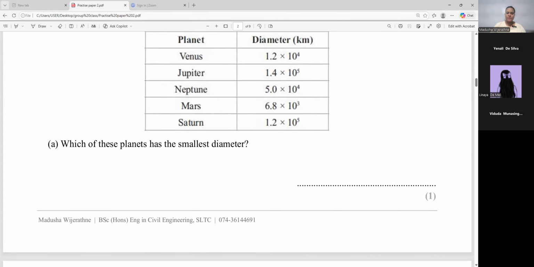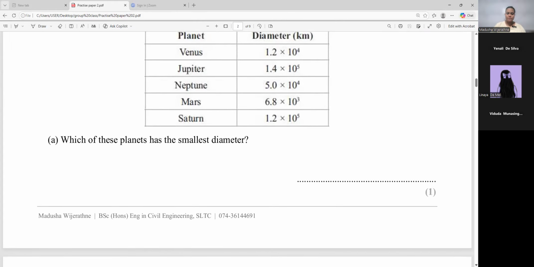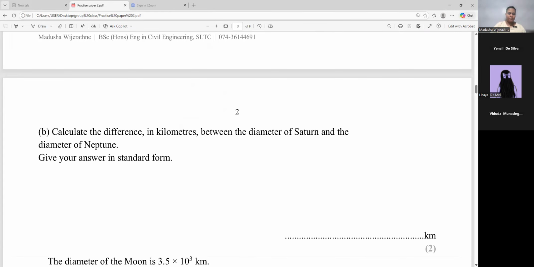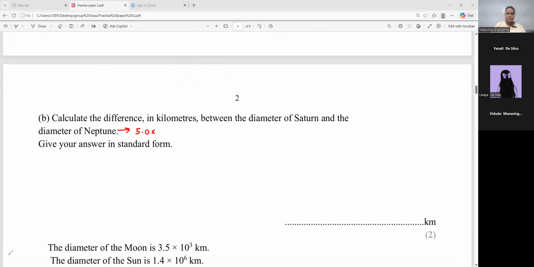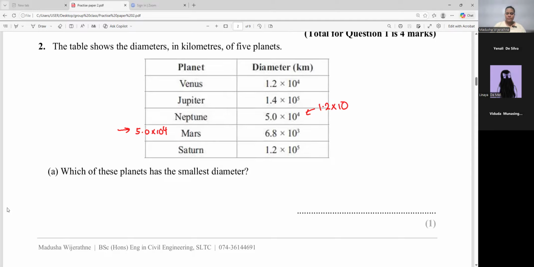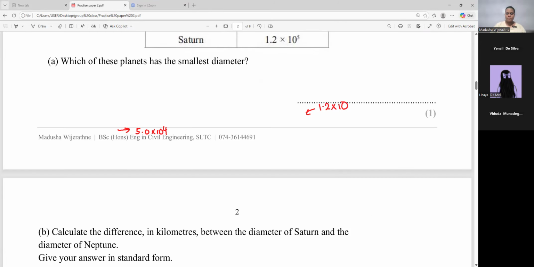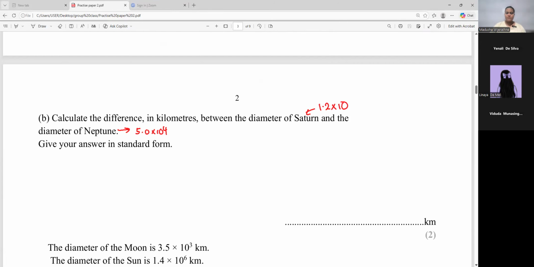Neptune is 5 into 10 to the power 4. Saturn 1.2 into 10 to the power, I couldn't remember the power. Yenali, what's the power? Teacher, right now I don't have the paper with me. No. It is 10 to the power 5.